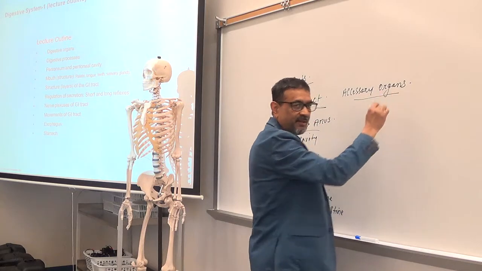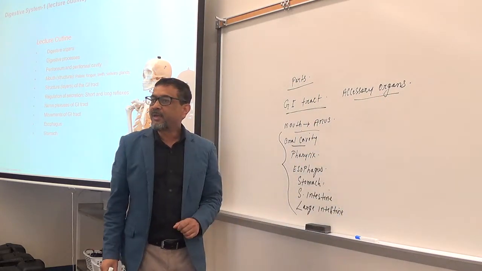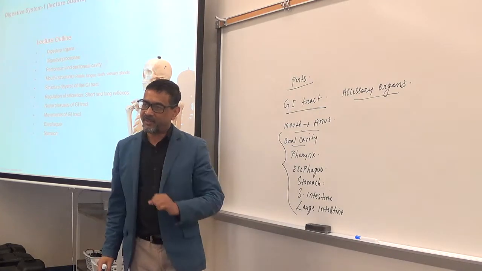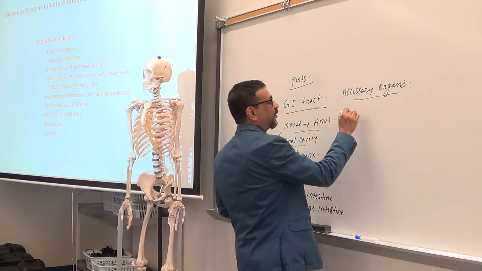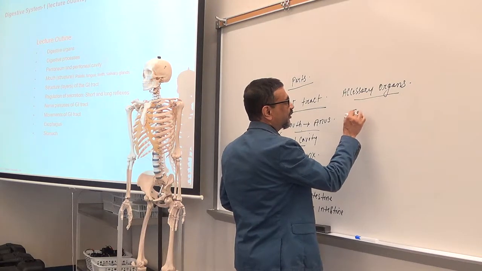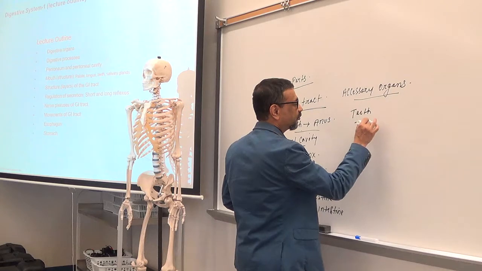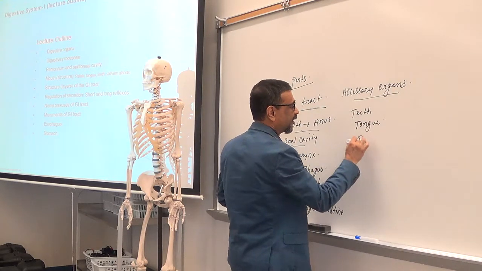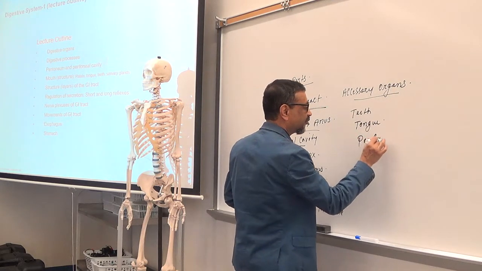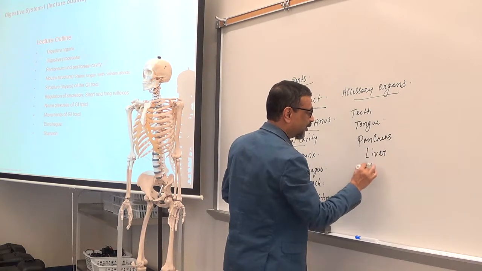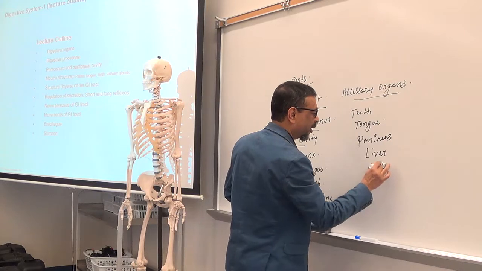Accessory organs are located outside of that tube, outside of GI tract. Teeth, tongue, pancreas, liver, gallbladder.